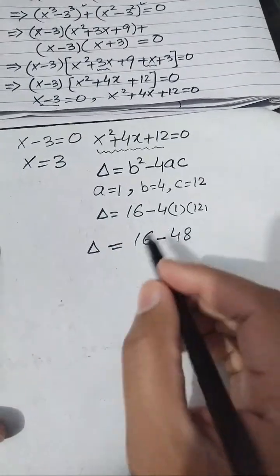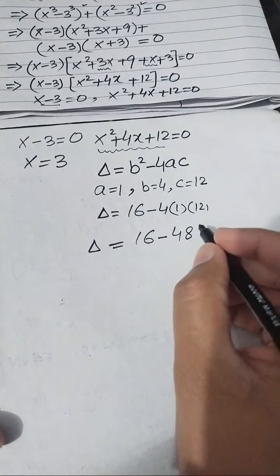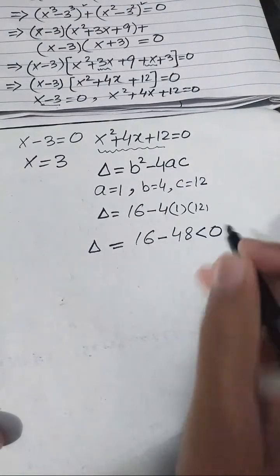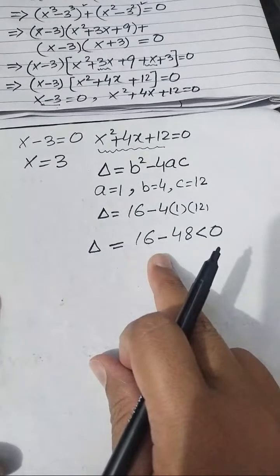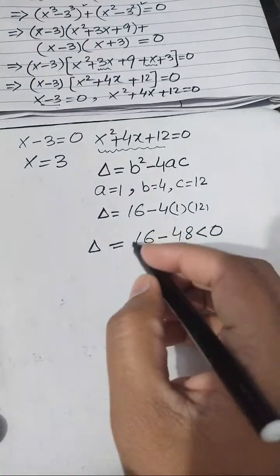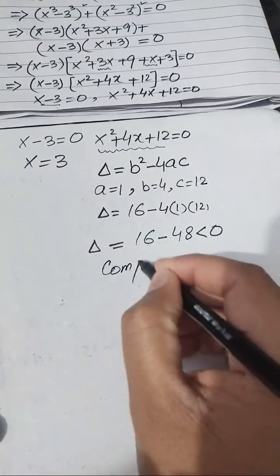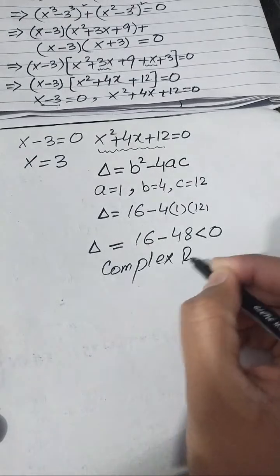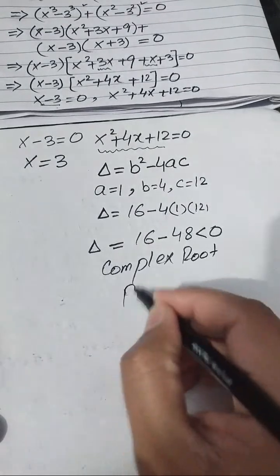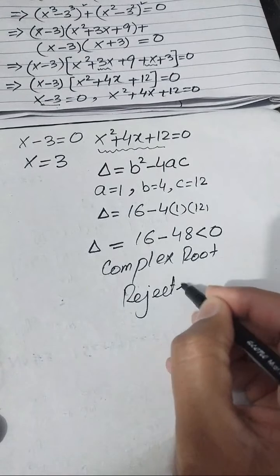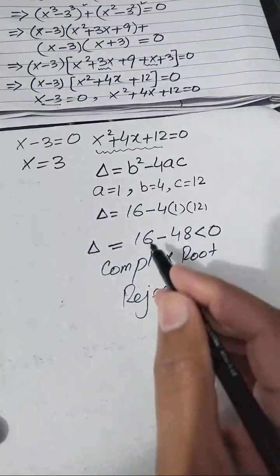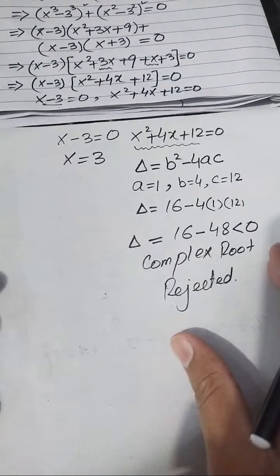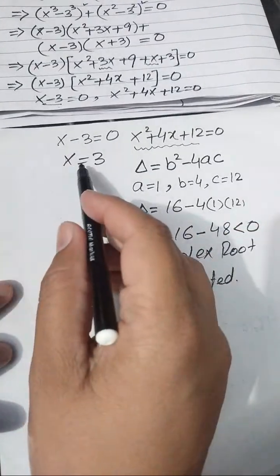Here you can see that our delta is negative, because this expression gives us a negative value, and this gives us complex roots. So we will reject this expression, and we proceed only with x equal to 3.